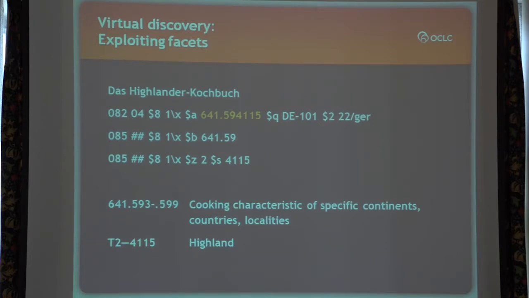DNB didn't wait for us. They took 500,000 records and enriched them with 083 and 085 fields already, so they're in WorldCat. They're not going to be indexed till later this year, so if you say she told me they were in there and I can't find them, they're not indexed yet, but we have ways of finding them. What this means is that you can answer an actual use case.